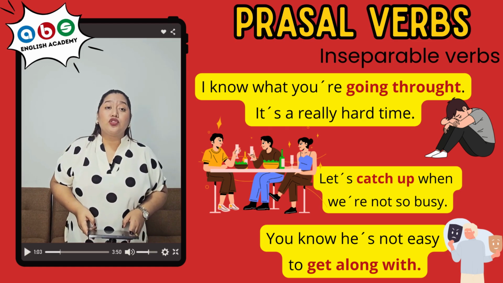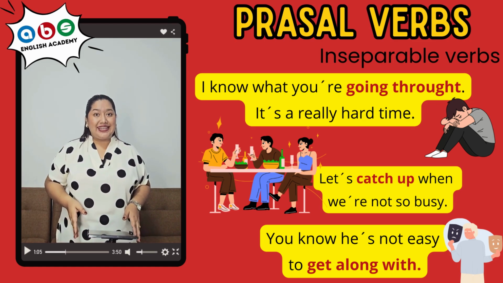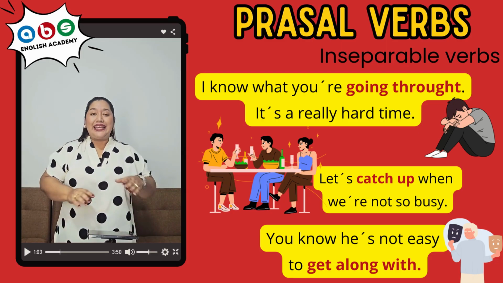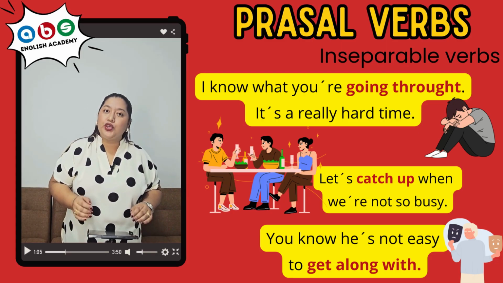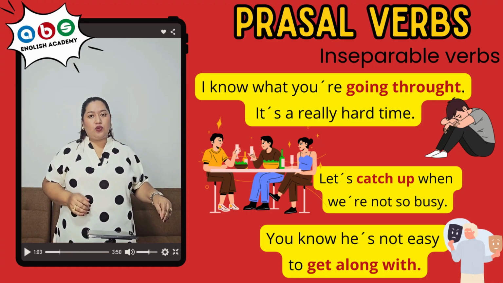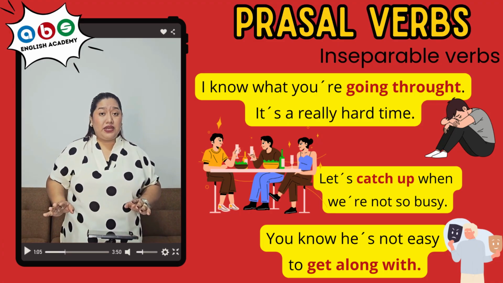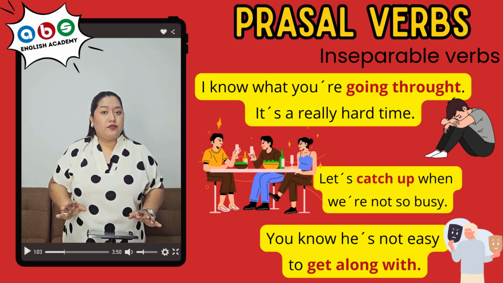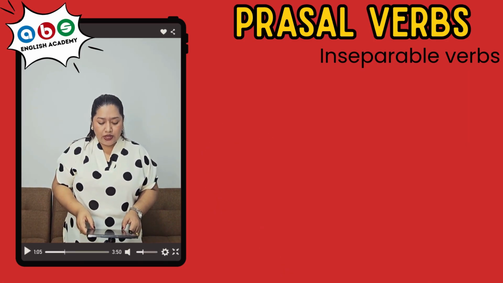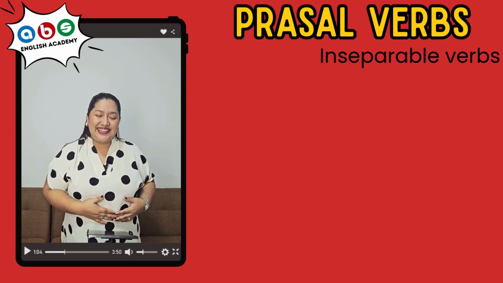So, to sum up, with inseparable phrasal verbs, objects and pronouns cannot come between the verb and the particle. You cannot place anything in between them, even if the word is an object pronoun. So now let's see other examples of inseparable phrasal verbs in context.